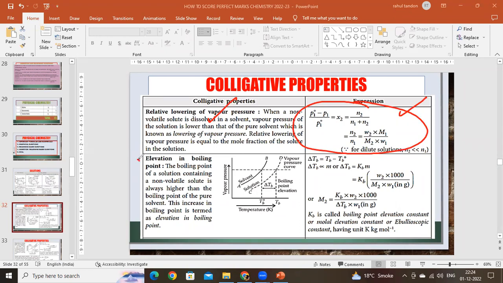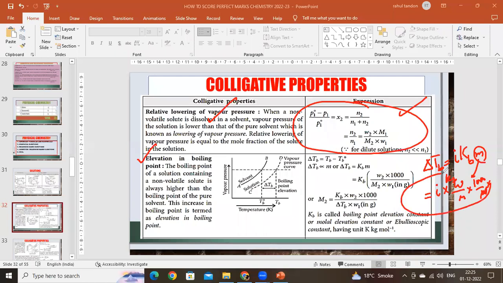The second one is elevation in boiling point, where the formula is delta Tb equals Kb m, or I can write delta Tb equals i Kb m if I am considering the Van 't Hoff factor i, into weight divided by molar mass into 1000 divided by the mass of the solvent, and this is the molality, into Kb.